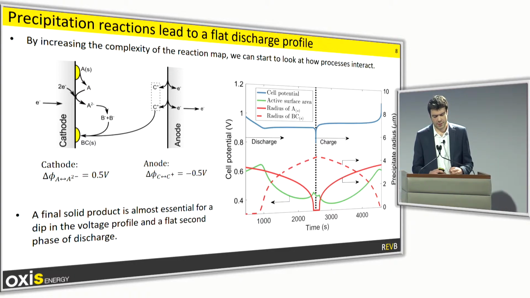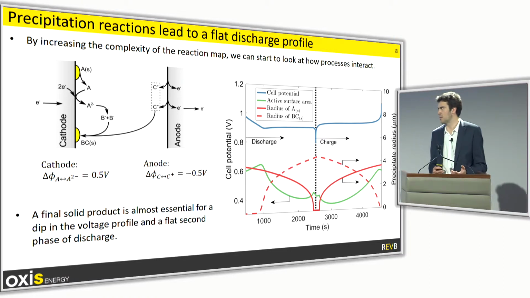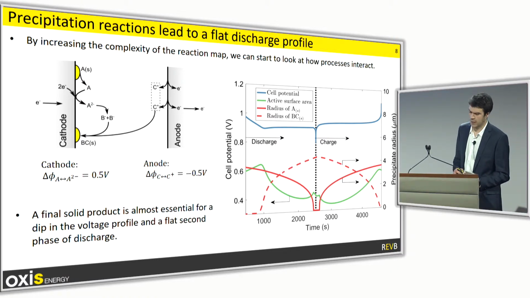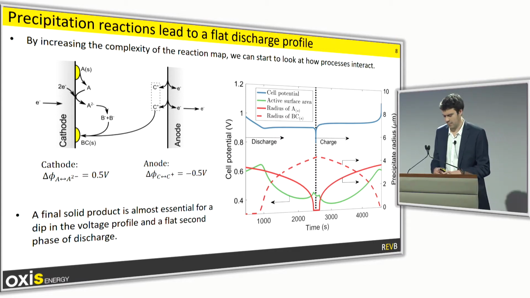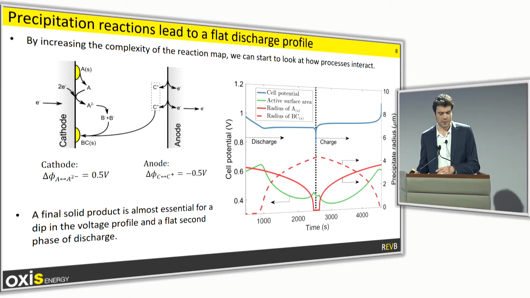This indicates that the precipitation is affecting the voltage profile, and it ties into what we see with homogenized models, whereby the onset of this precipitation occurs at the beginning of the second plateau.